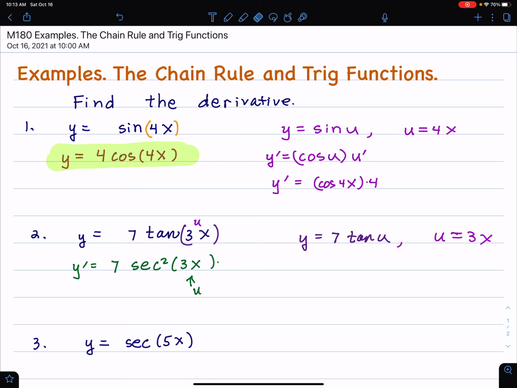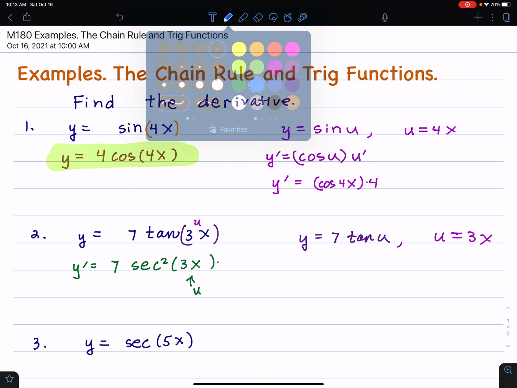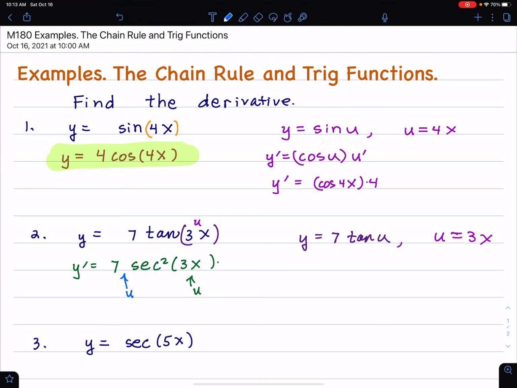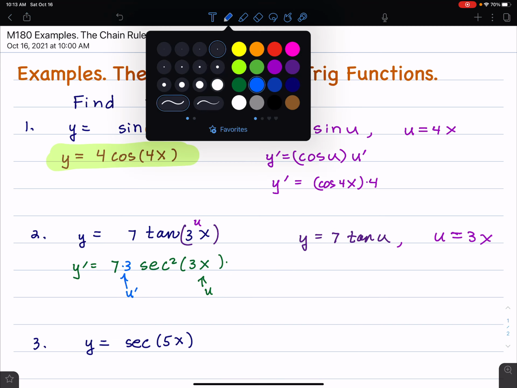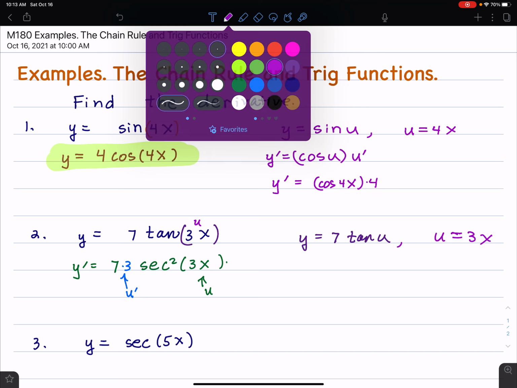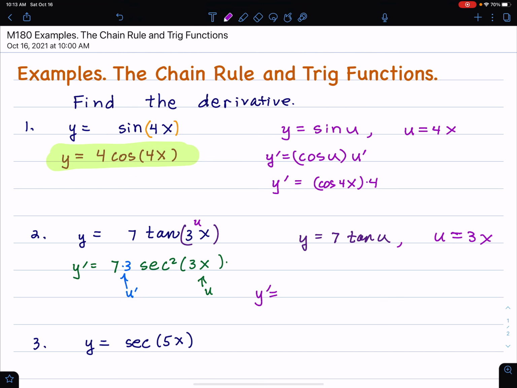I want to put the u prime over here, maybe in a different color. It's multiplication, so I can put it in front or behind. That's 3. And then the final answer, y prime equals 21 secant squared 3x.